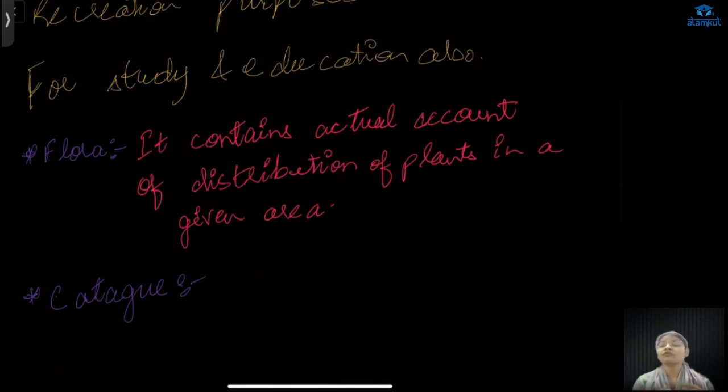Like if we want to study some particular kind of species, we will use this catalog to see in what kind of region this species is found, what is its scientific name, what is its common name, and every other necessary information will be in the catalog. Take it as an example: if we go shopping, first of all we see the catalog of different kinds of designs we want to purchase. After seeing the catalog, we ask for the piece out of that sample.